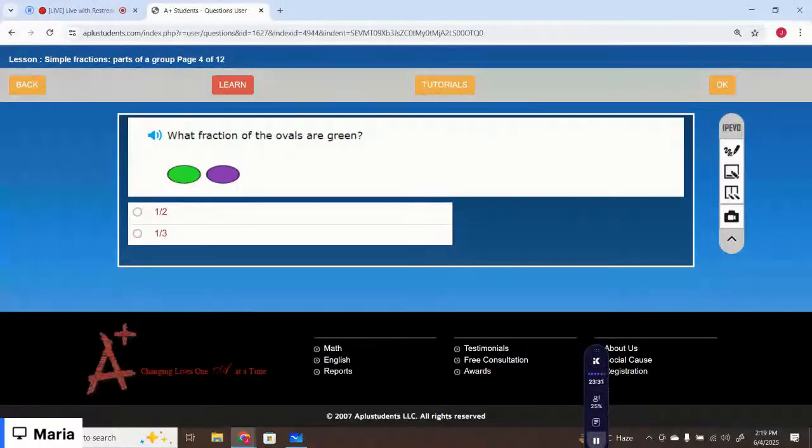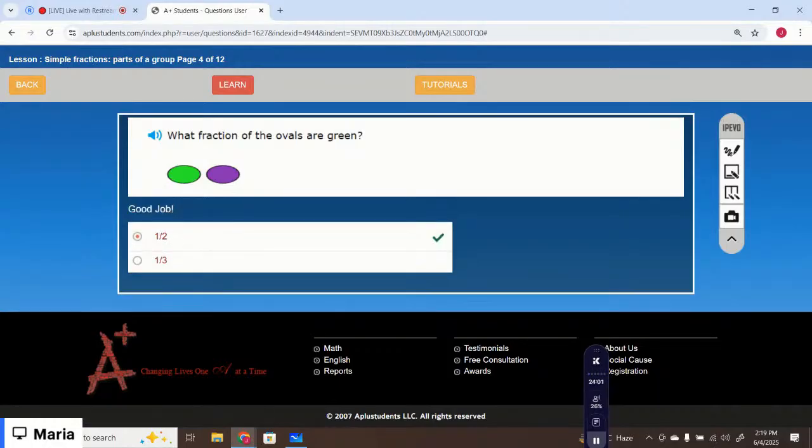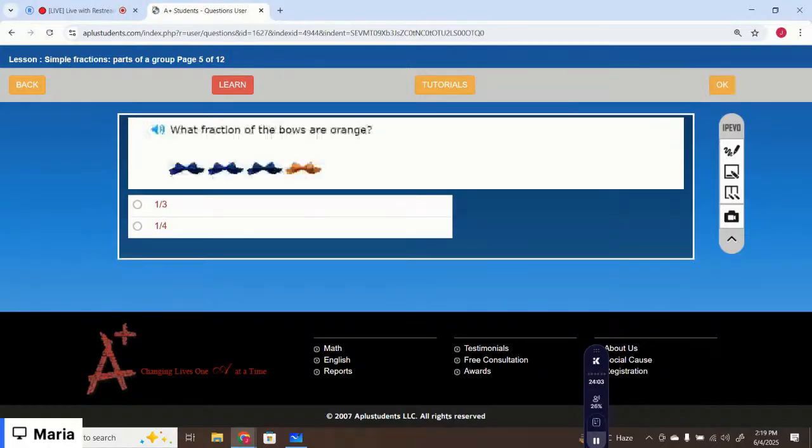What fraction of the ovals are green? That is one out of two. Option number one is the correct option because there are two ovals and one of them is green. What fraction of the bowls are orange?